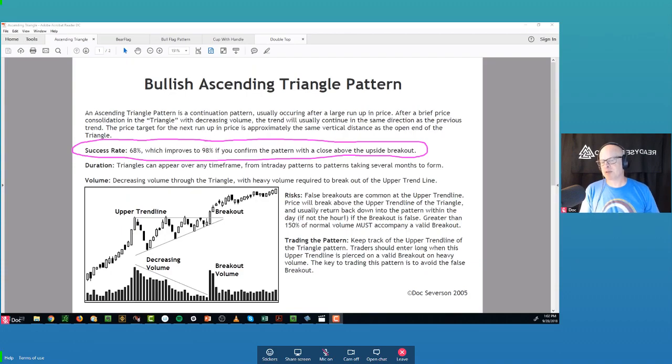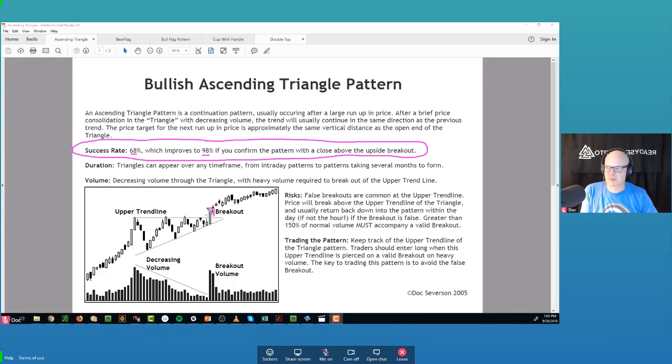Now, Thomas Bulkowski is the guy that came up with these rates. He did testing and testing and testing on markets after markets after markets, looked for these patterns, and was able to assign a probability to each one. In this case, the success rate is 68%, which improves to 98% if you confirm the pattern.